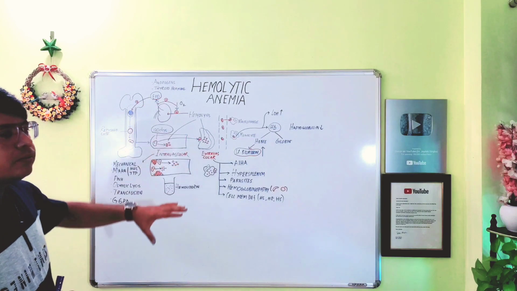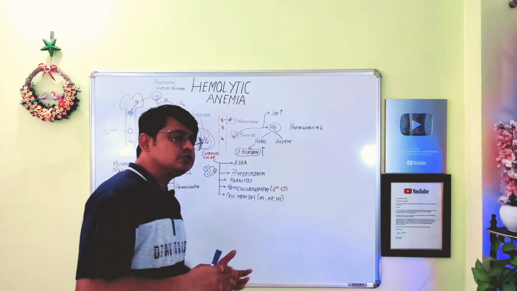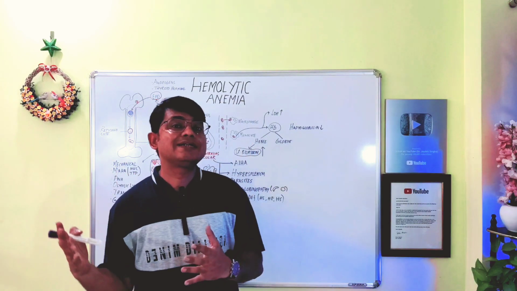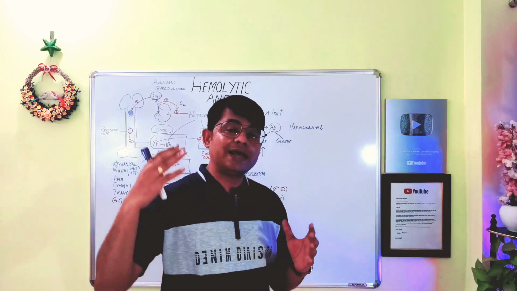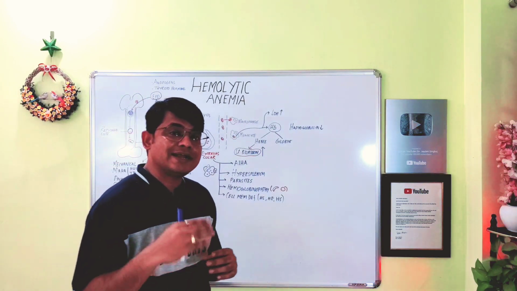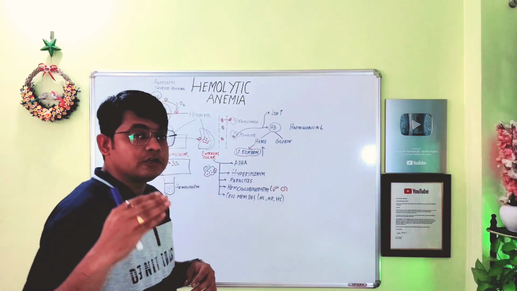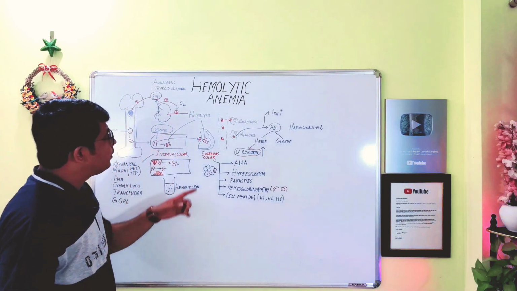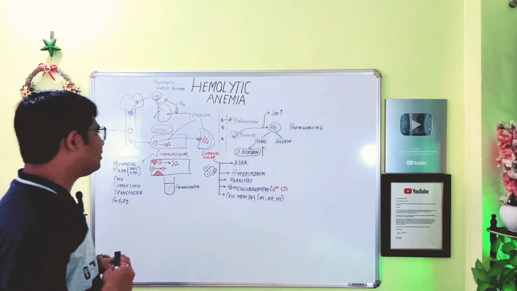So by this mechanism, the body tries to compensate for the RBC loss, but sometimes the body cannot cope with the amount of red cell destruction, and that leads to hemoglobin drop and RBC drop, and to development of hemolytic anemia.